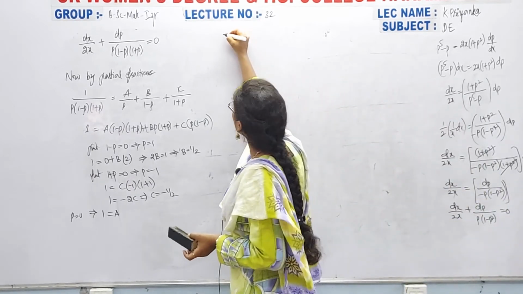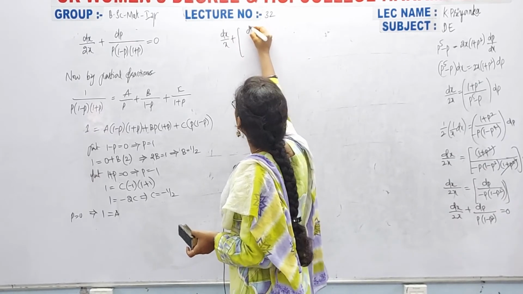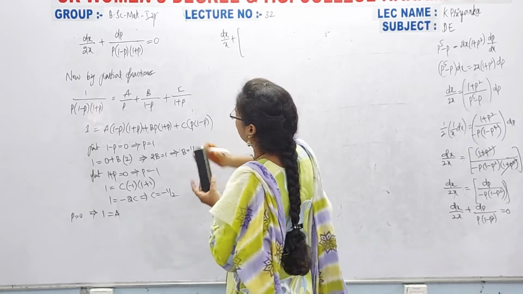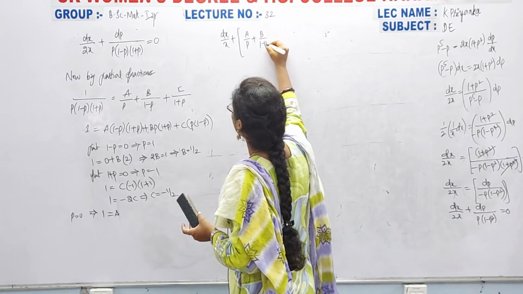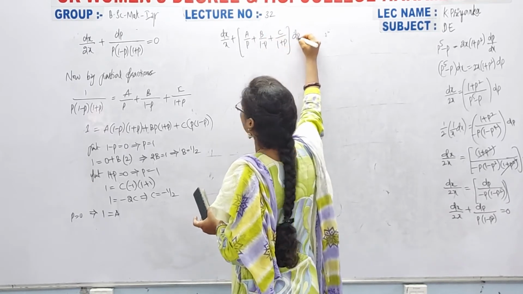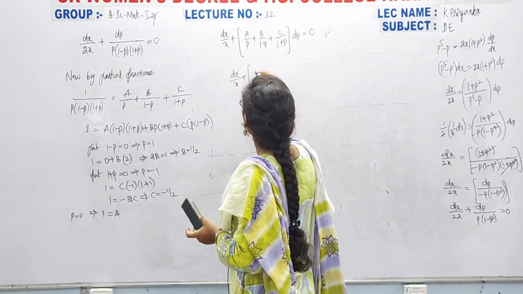Therefore what we have now is dx by x plus dp, a by p plus b by 1 minus p plus c by 1 plus p, of dp equal to 0. Now dx by x plus 1 by p.